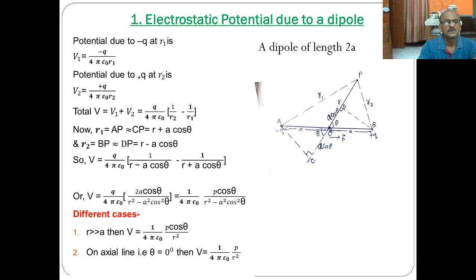Here we are taking theta equal to 0 degree, then V equal to p by 4 pi epsilon naught r square. And the third we can take is the equatorial line. What is the equatorial line? That is the perpendicular bisector of the dipole. So theta equal to 90 degree, then electrostatic potential will be 0.